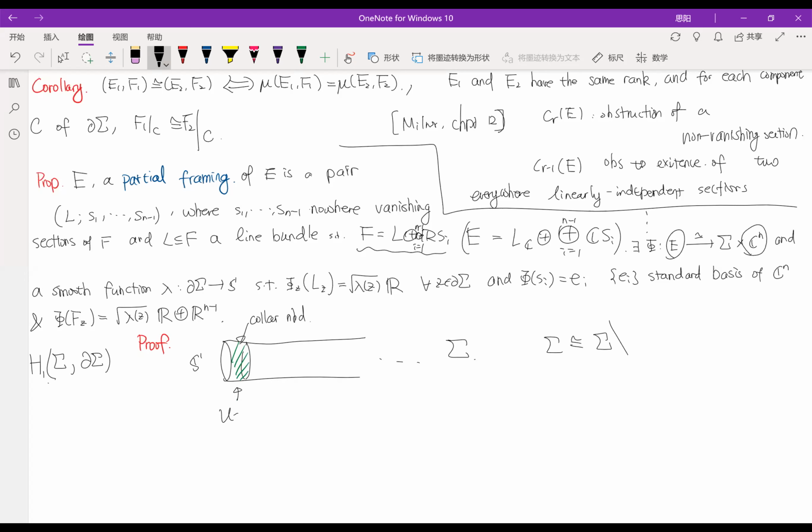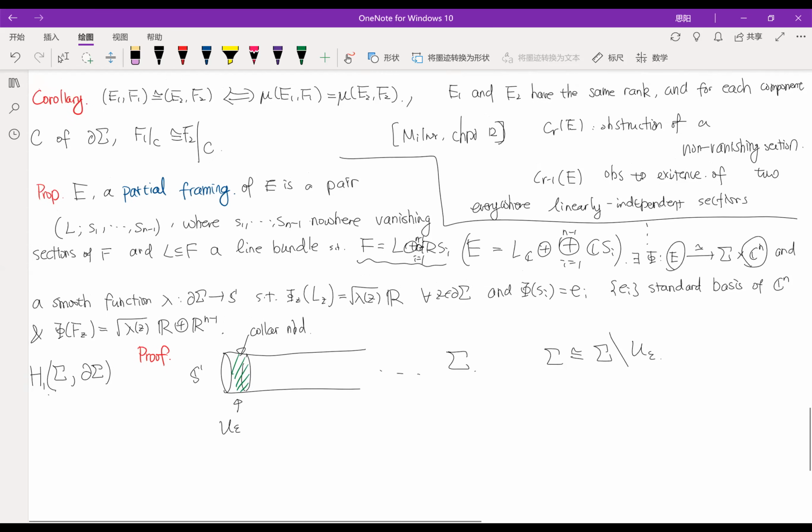If this is U epsilon, then we cancel this collar neighborhood. And we have a complex vector bundle E over sigma, and then we can use the collar neighborhood to deform the vector bundle on D sigma.